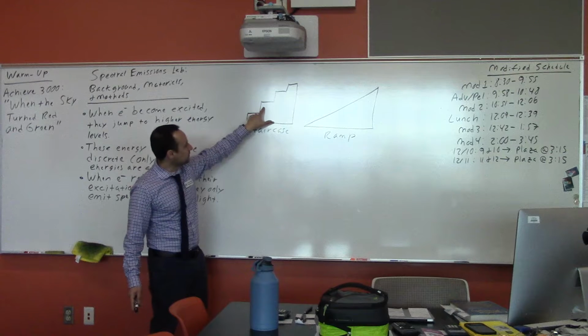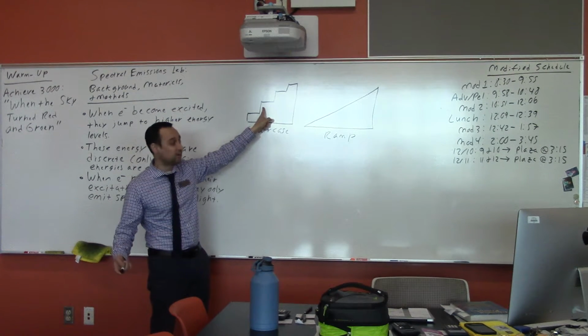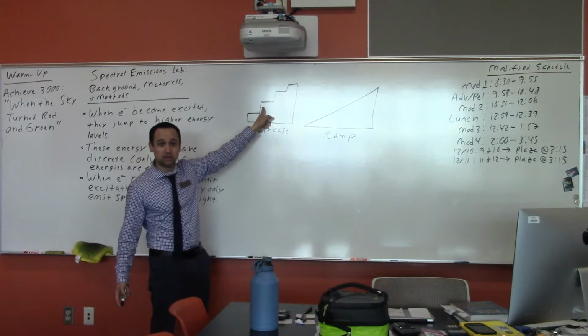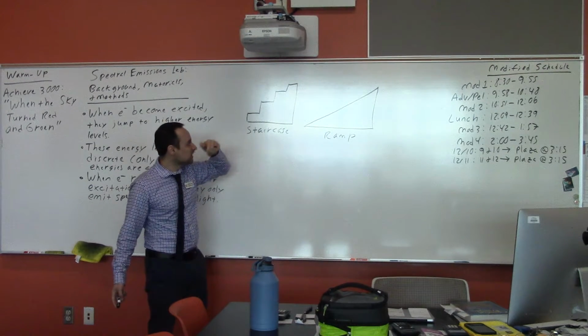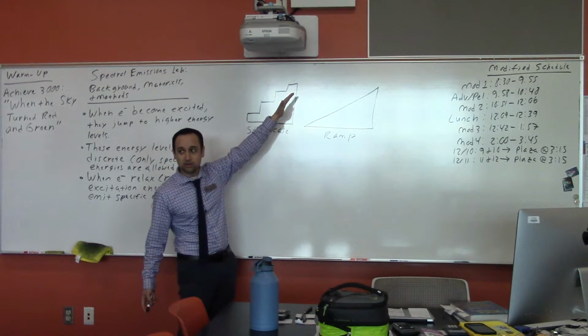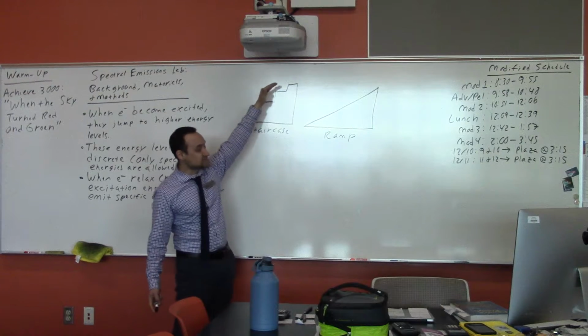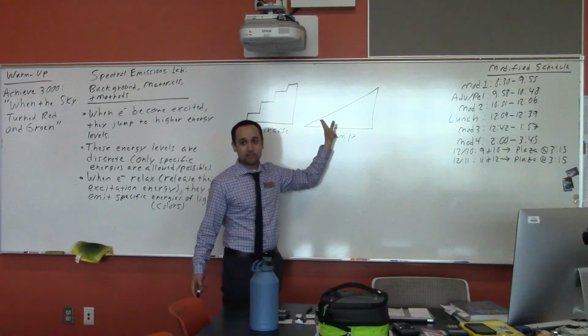Can you be on like the 1.5 step? I need to hear from everybody. Can you be on like the 1.5 step? No, right? You can be on the first step or the second step, right? So on a staircase, right, you can't just be at any old height, okay? The stairs have specific heights. A ramp is different. You can have any old height on a ramp, okay?